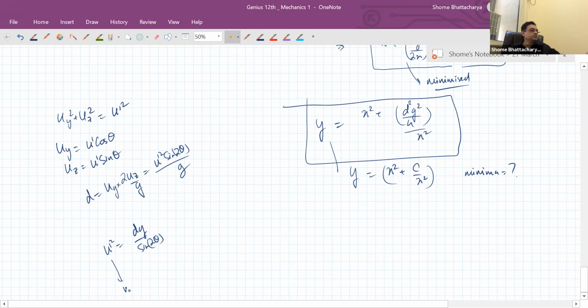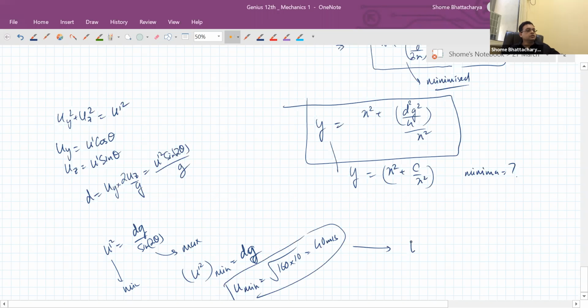Okay. So this is minimum when sine 2 theta is maximum. Okay. So u prime square's minimum is equal to dg. Okay. So our d was 160 into this. So 40 meters per second.